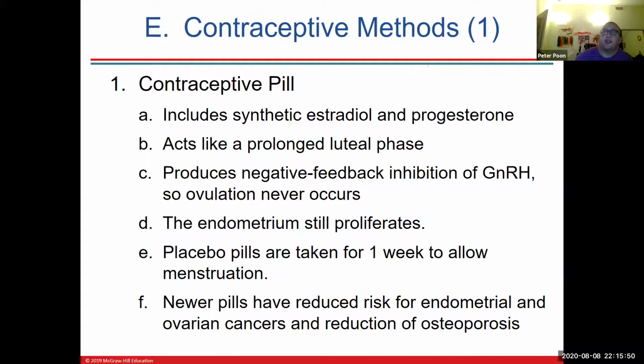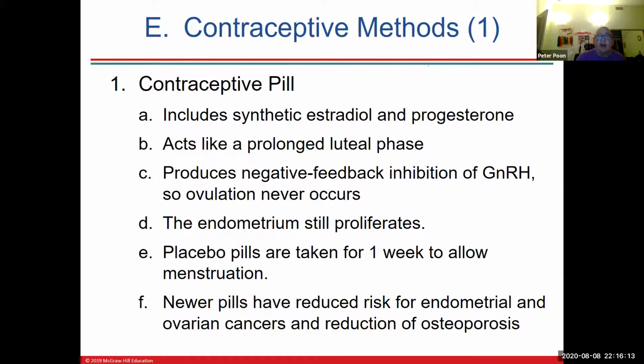Contraceptive pills. They include synthetic estradiol and progesterone, and act like a prolonged luteal phase, so they produce negative feedback on GnRH, so ovulation never occurs.